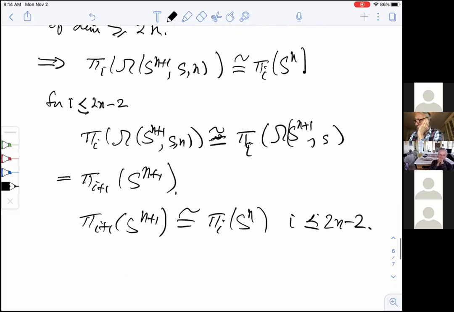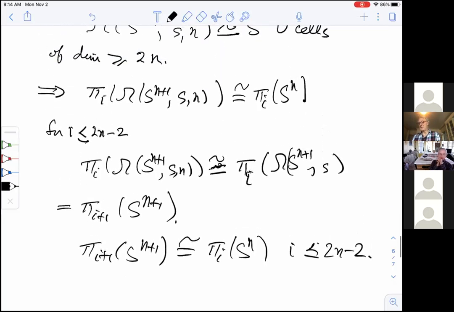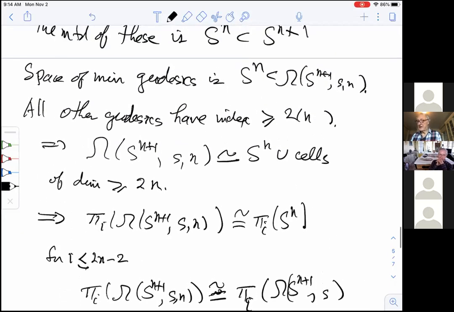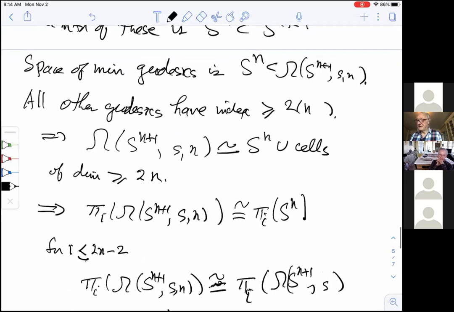Okay. Now, why are the other non-minimal geodesics of index at least 2n?